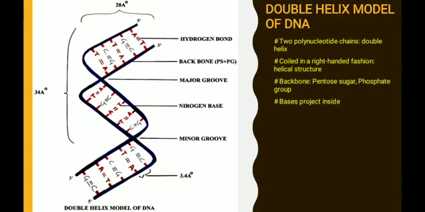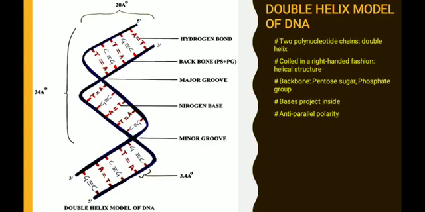And the nitrogenous bases project inside. That means the nitrogenous bases are arranged internally, at right angles to the backbone. And in the diagram you can see the polarity. One strand has the 5' end at one side. The other end is denoted as 3'.